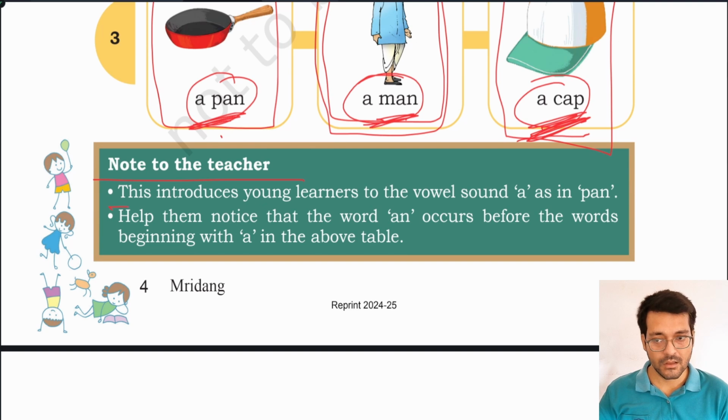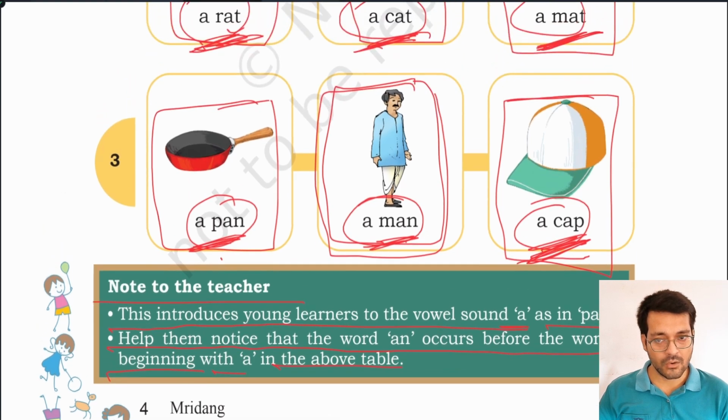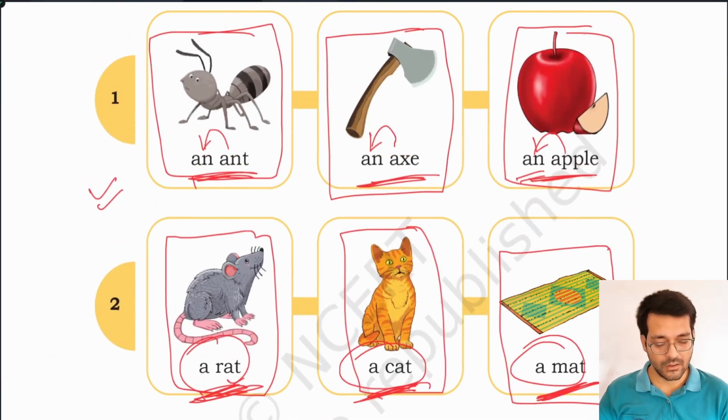Note to the teacher: this introduces young learners to the vowel sound A as in pan. Help them notice that the word an occurs before the words beginning with A in the above table. Actually, the words starting with the sound of A take an before them.